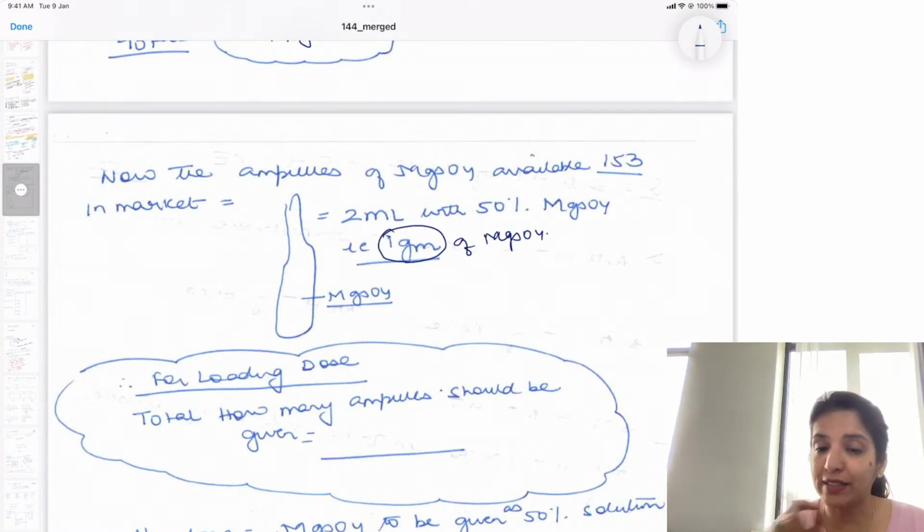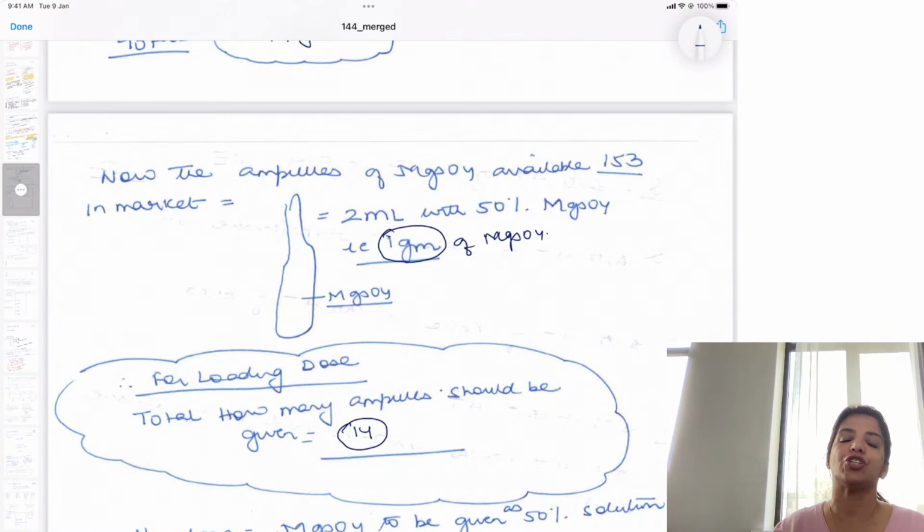You need 14 grams of magnesium sulfate immediately, and 1 ampule has 1 gram, so immediately you will pick up 14 ampules of magnesium sulfate. Are you understanding? Immediately pick up 14 ampules of magnesium sulfate.